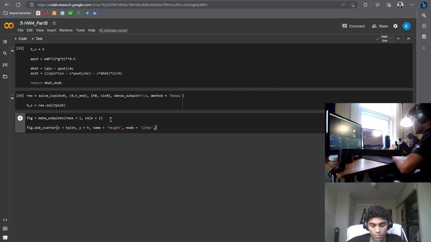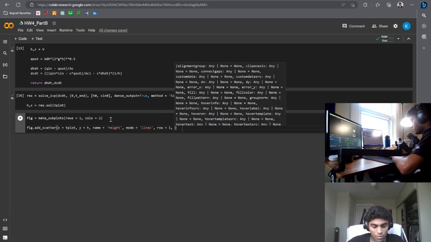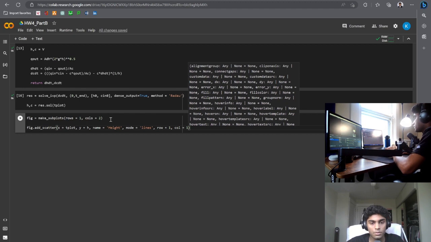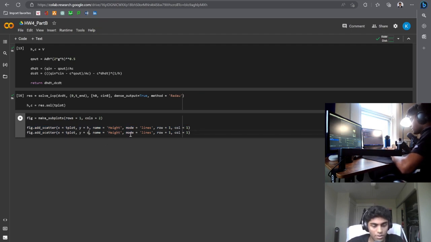And row equals 1, col equals 1. Let's do the same thing for our C. And this will be row 1, column 2. So let's just run that.